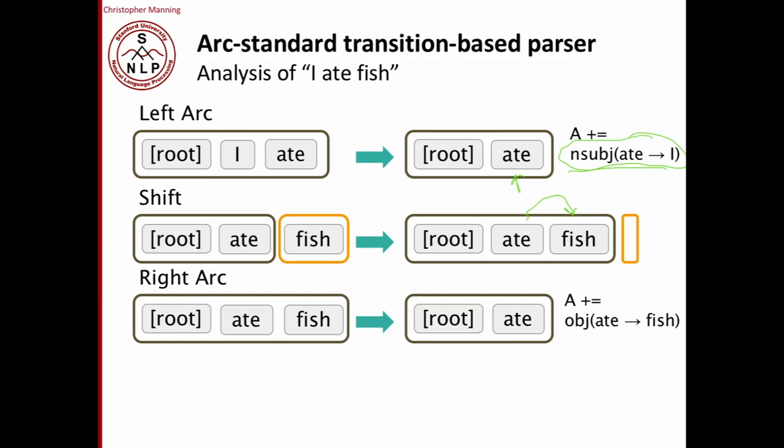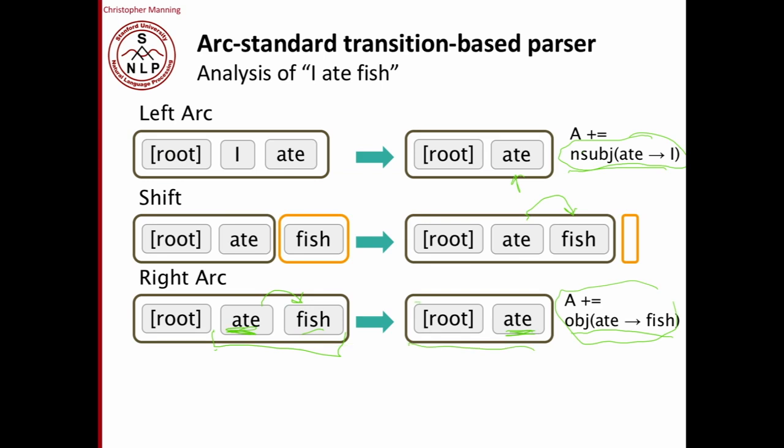And so I say right arc, and I do a reduction where I've generated a new dependency, and I take the 2 things that are on top of the stack and say "fish" is a dependent of "ate", and so I just keep the head, I always just keep the head on the stack, and I generate this new arc.